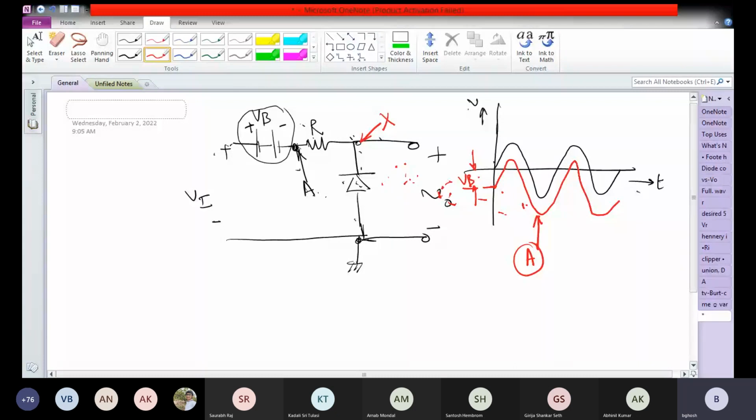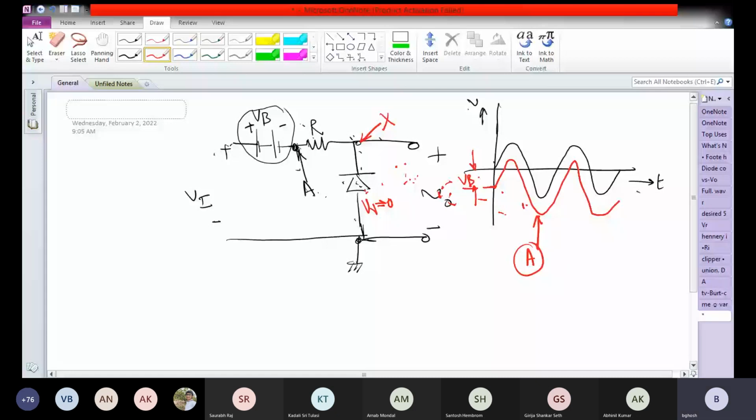But assuming V gamma to be 0, when the voltage at point X falls below 0, the diode won't allow that to happen. The diode will keep that voltage fixed at 0 because the diode is on now. The voltage at point X has tried to be below 0.